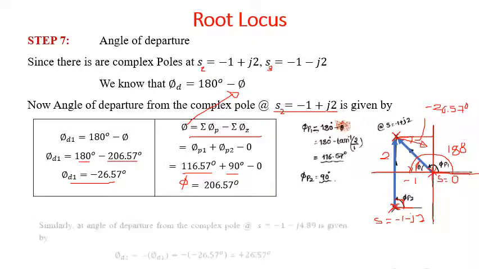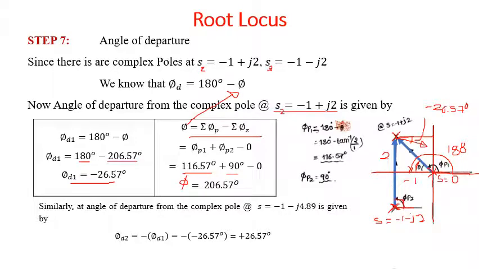So we know one part of the angle of departure. Similarly, we have to find the angle of departure for the complex pole on the other side, that is minus 1 minus J2. So phi d2 is equal to minus of phi d1.